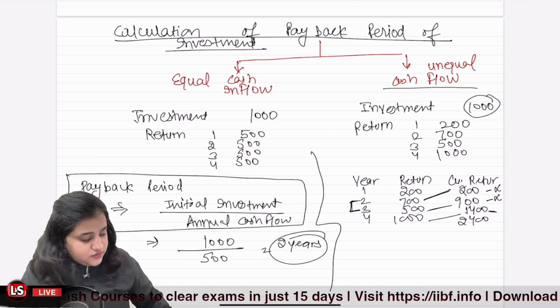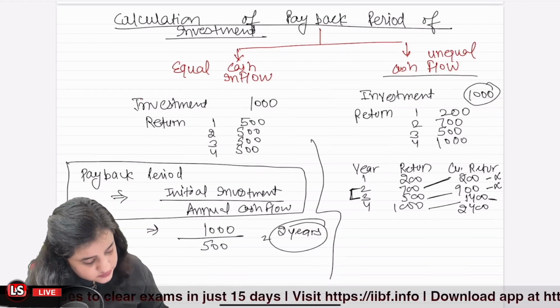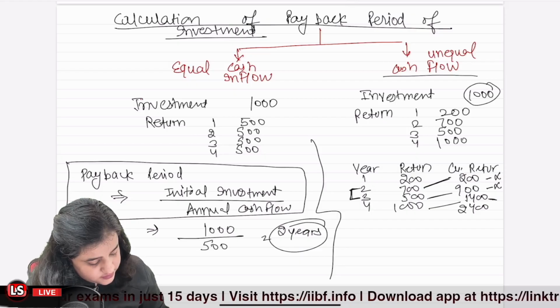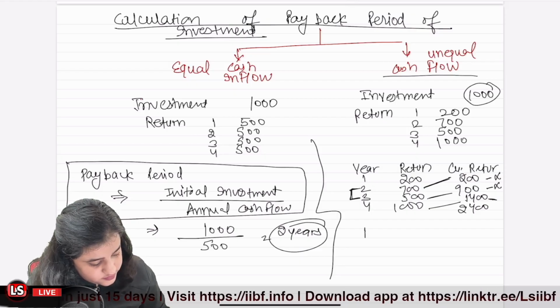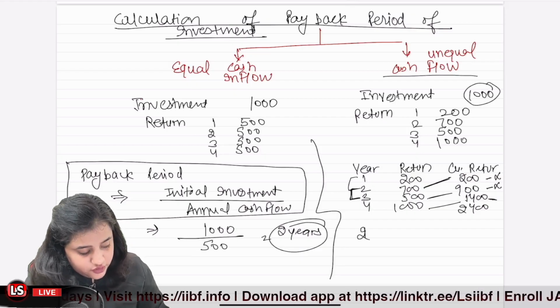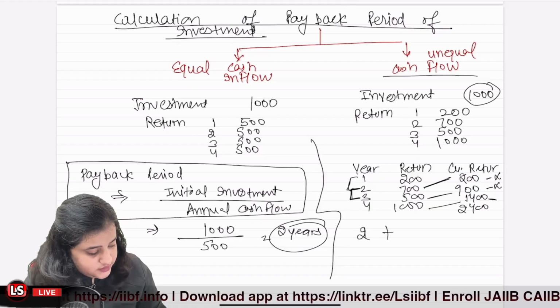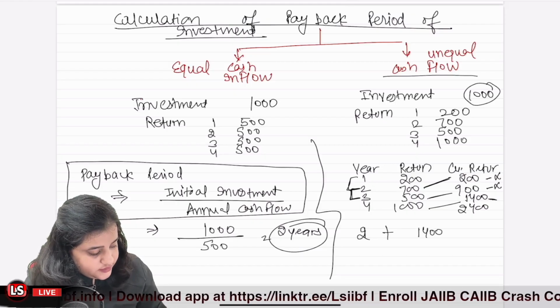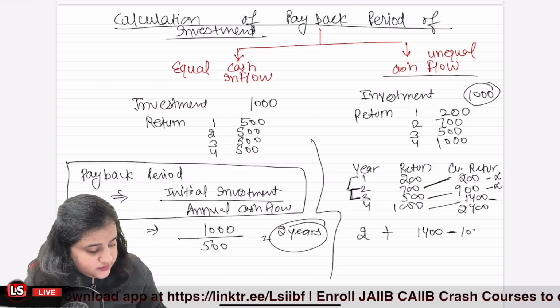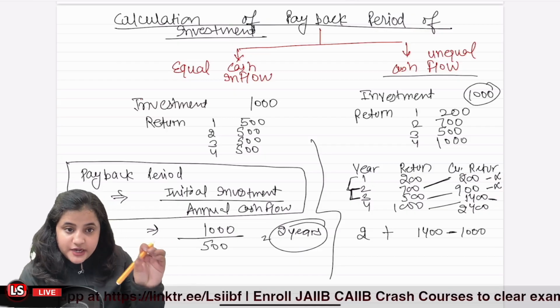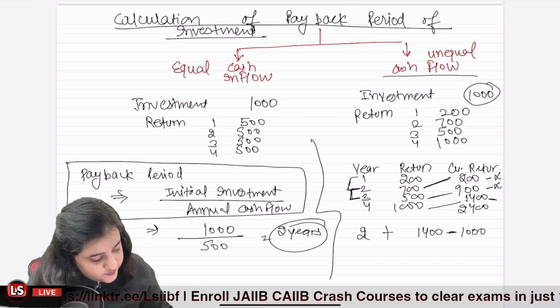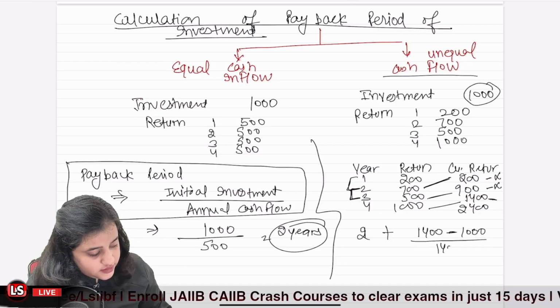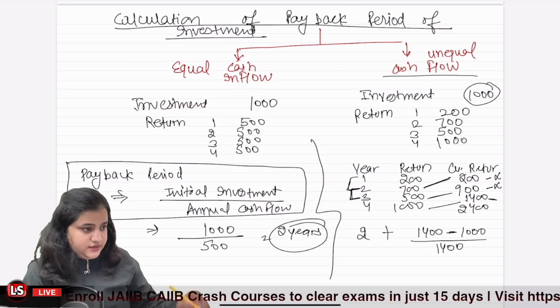So how do we calculate this? We take year 2 as complete, plus 1400 minus 1000, the extra part that we need to cover, divided by the return that we will get in that year.